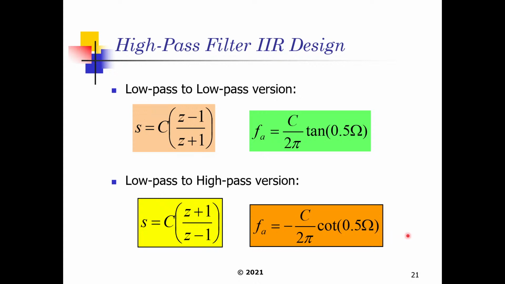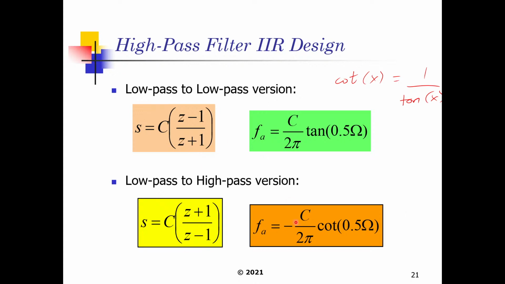If you remember your trigonometric series, cotan of x is basically just 1 divided by tan of x. So you can use this mapping accordingly if you are required to design a high-pass filter from a low-pass analog filter prototype.